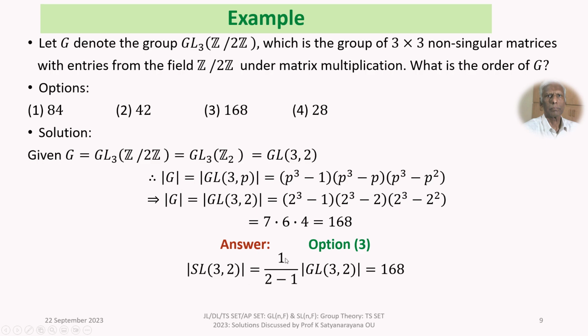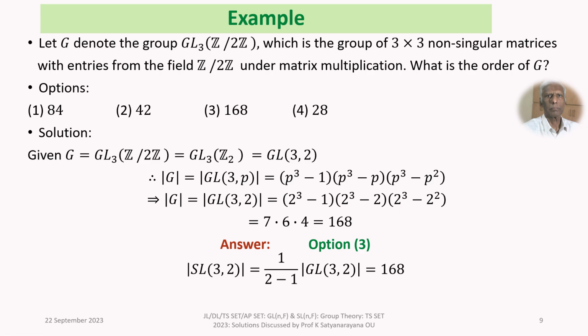The order of SL(3,2) is 1 by (p minus 1) or (q minus 1), that is 2 minus 1, multiplied by the order of GL(3,2). But 1 by 2 minus 1 is 1 only, and the order of SL(3,2) is the same as the order of GL(3,2). That means GL(3,2) and SL(3,2) are precisely the same groups.